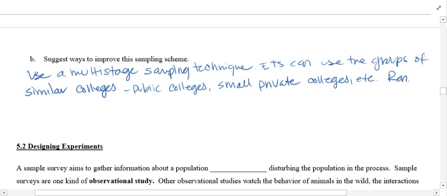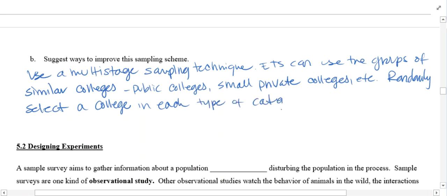And then randomly select a college of each type, in each type of category, like we just listed up there. Okay.